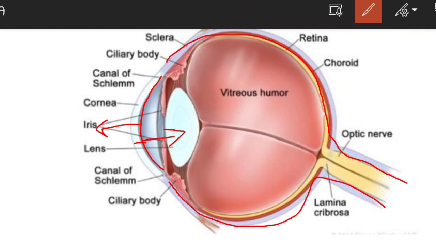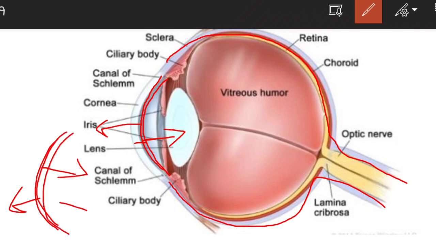This region is convex and this is concave. Concave means like this, inside, and convex you already know. You already studied in 12th standard physics what concave and convex lenses are.